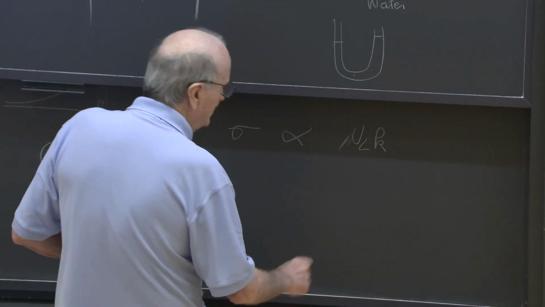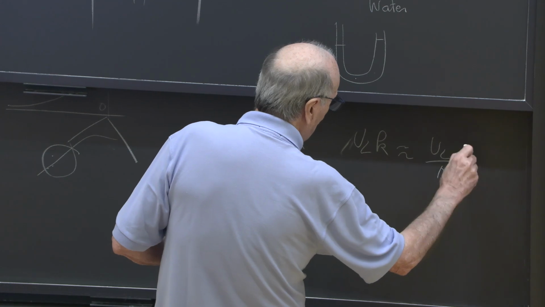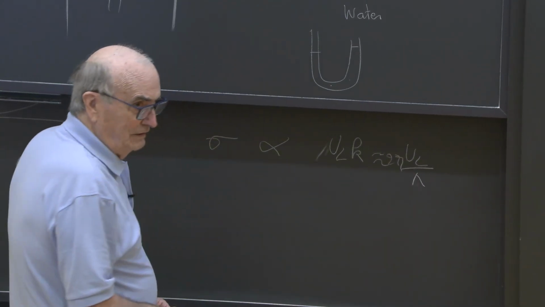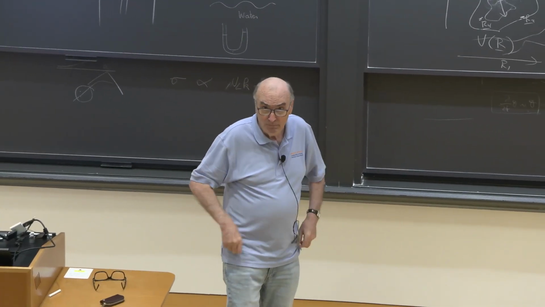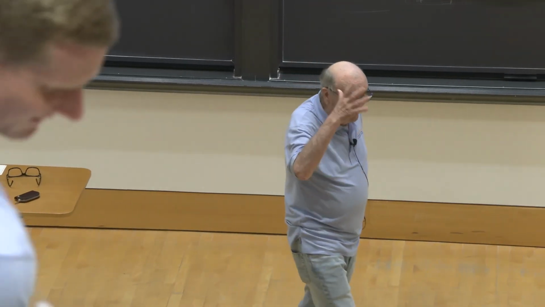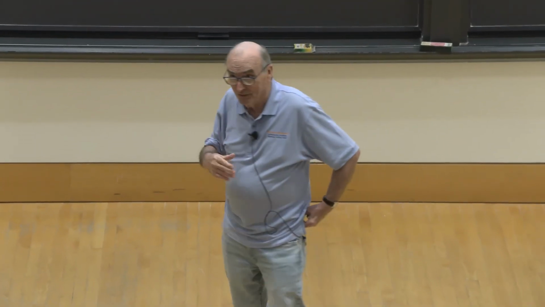There is no other possibility, which is UL divided by the wavelength 2 pi. Okay? So in a sense, you could have skipped this calculation just by thinking a little bit. You could have skipped the calculation.